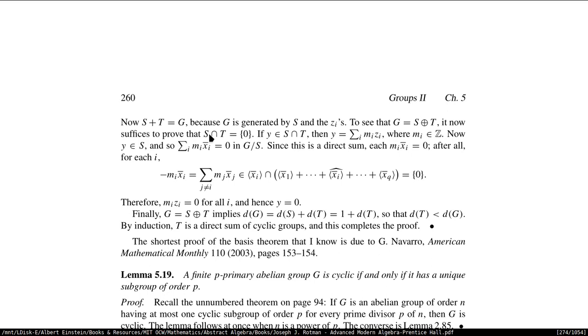Yep. What we now have is that every finite abelian group can be written as a direct sum of Z3 plus Z3 plus Z9 plus Z27 plus Z5 plus Z5 plus Z25, basically powers of primes. But the only thing that he hasn't done is prove the uniqueness part now.